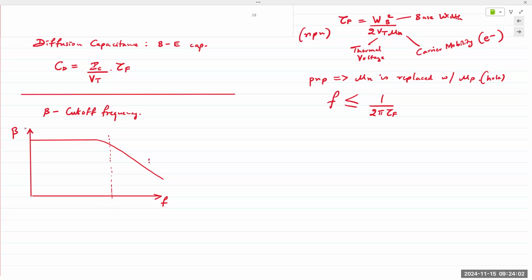So we can write an expression for beta as a function of frequency. This would be Ft, and this would be F beta. And beta as a function of frequency can be given by beta F, the forward current gain, divided by the square root of 1 plus F over F beta squared. Does this ring a bell from Bode plots, the transfer functions of high pass and low pass filters?